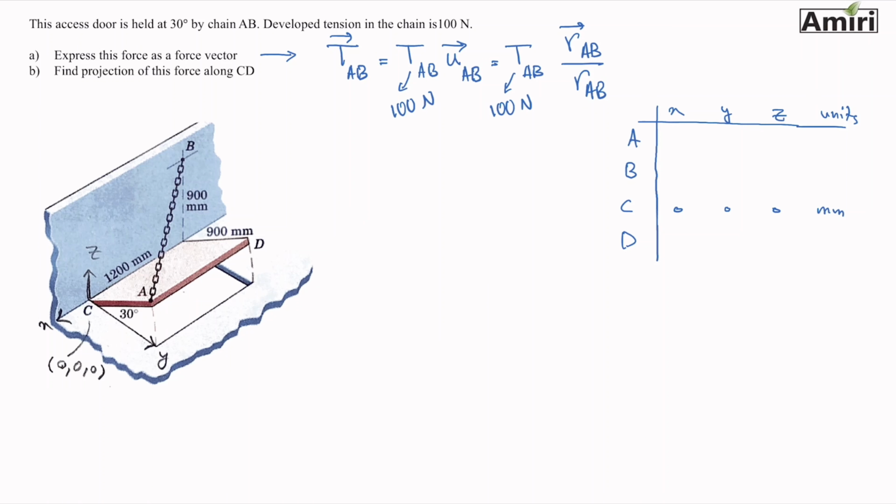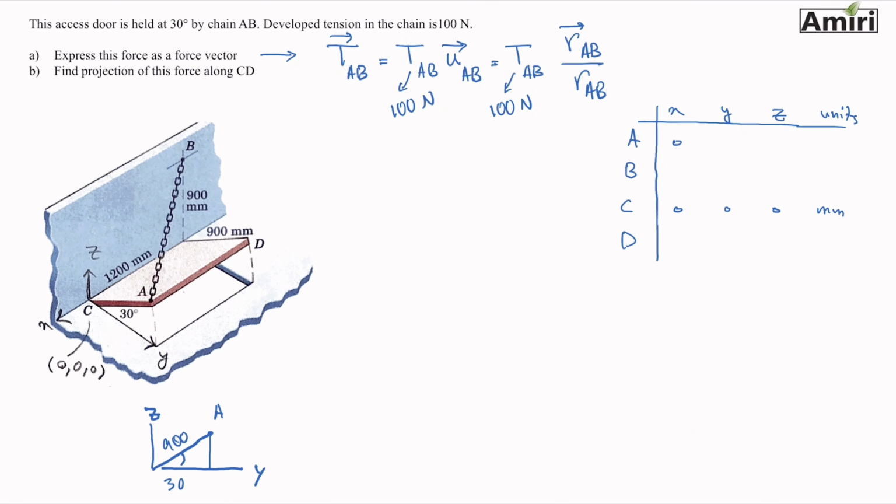So A, I have to look how much it's moved on x-axis, which is 0, and how much it's moved on y-axis and Z. This is 900 millimeters, point A at an angle 30.